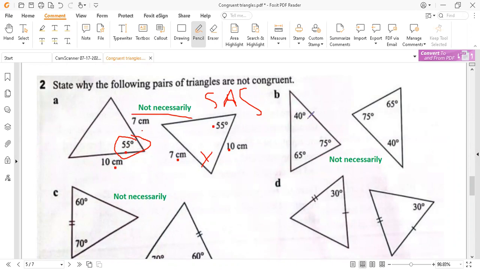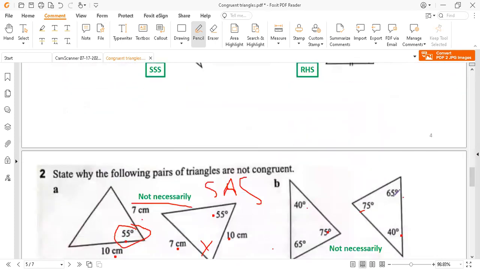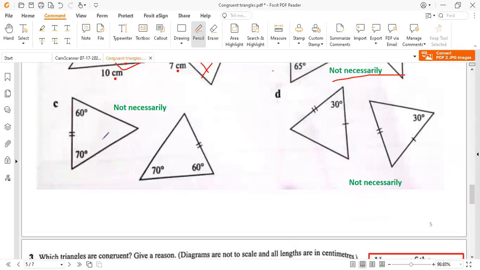In this one we have three angles equal, but as we mentioned before, if two triangles have three pairs of equal angles, then they have the same shape, but not necessarily the same size, so not necessarily congruent. In this one, for example, we have a 70-degree and 70.